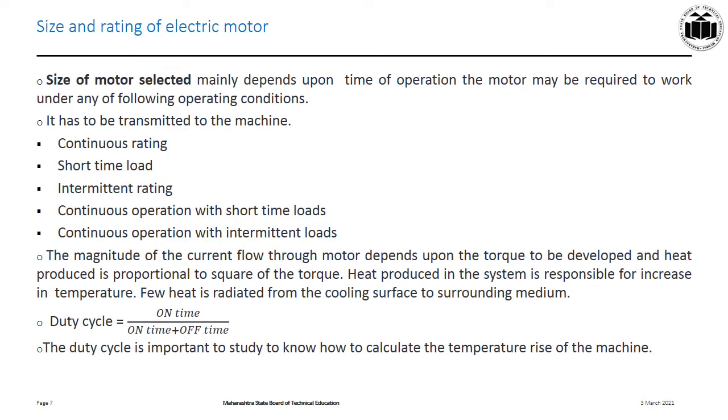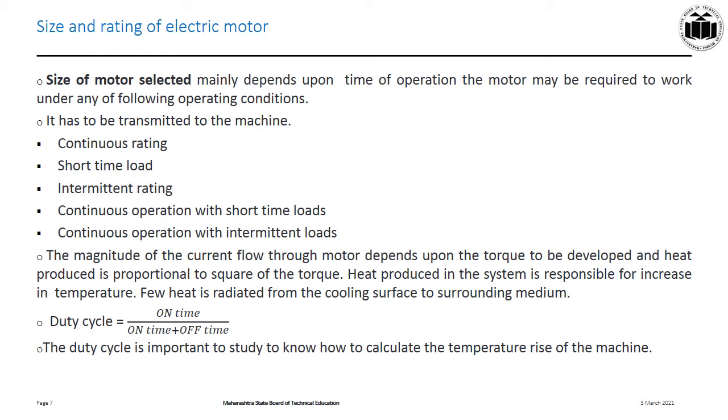Now, the size of the motor mainly depends upon the time of operation, that is, for how long the motor is working. So it can be considered under the following classes: continuous rating, short time load, intermittent rating, continuous operation with short time loads, and continuous operation with intermittent loads.